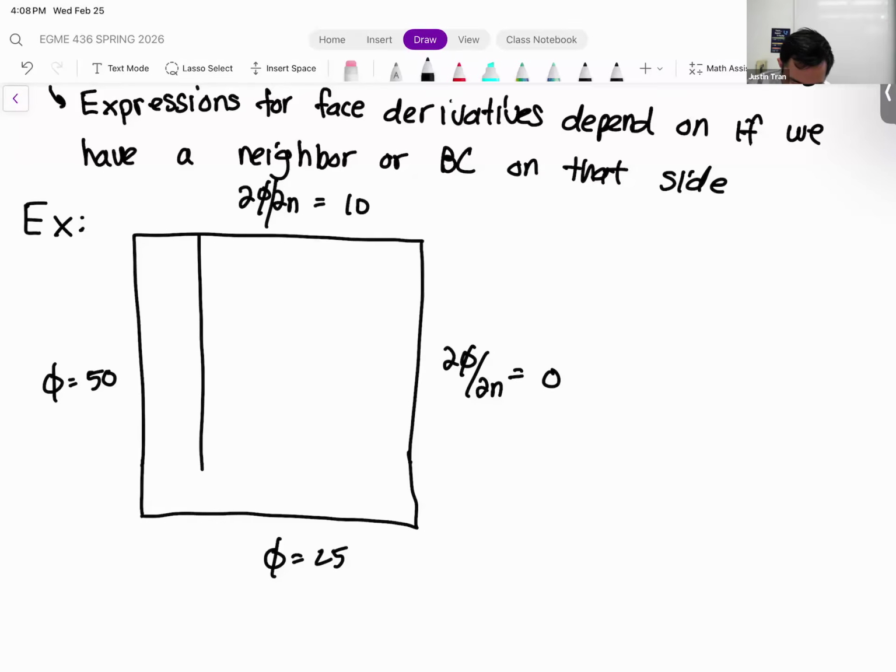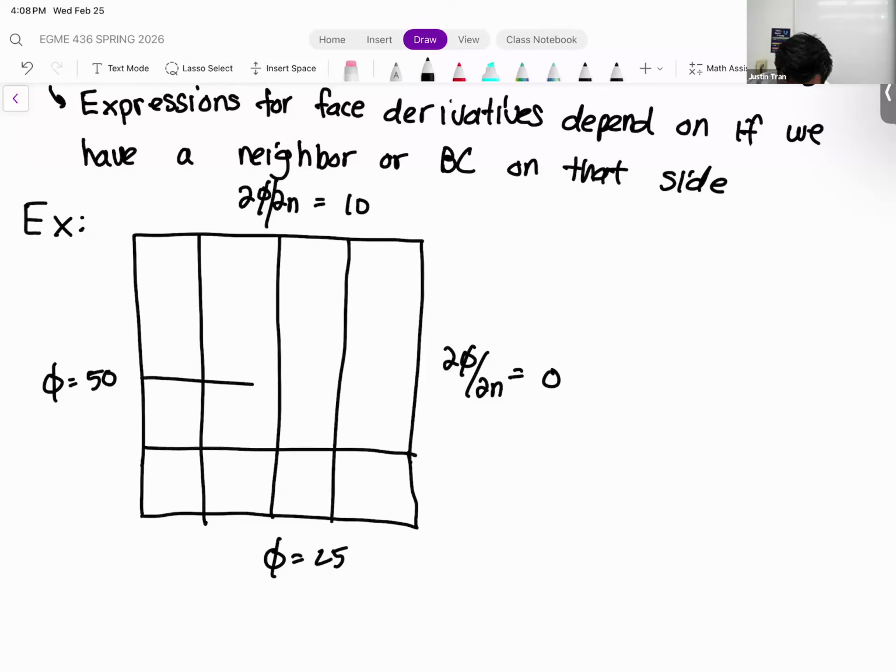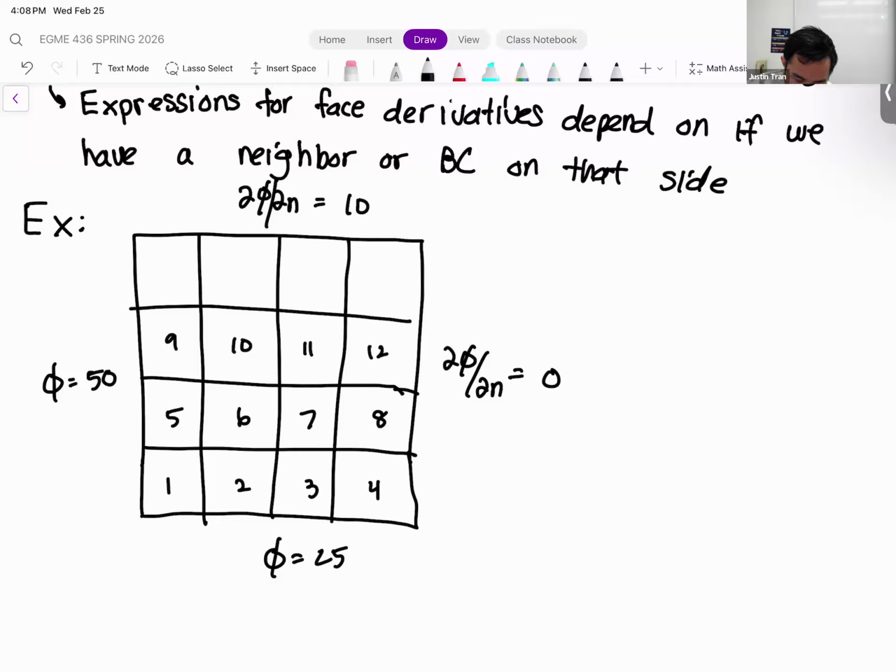Let's break this up. This will be cell 1, 2, 3, 4, 5, 6, 7, 8, 9, 10, 11, 12, 13, 14, 15, 16.